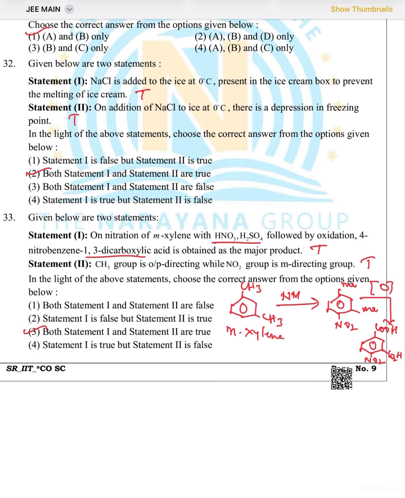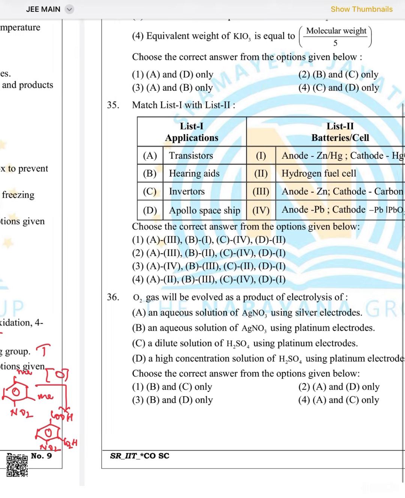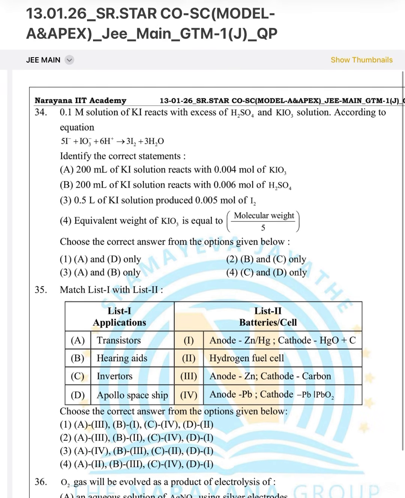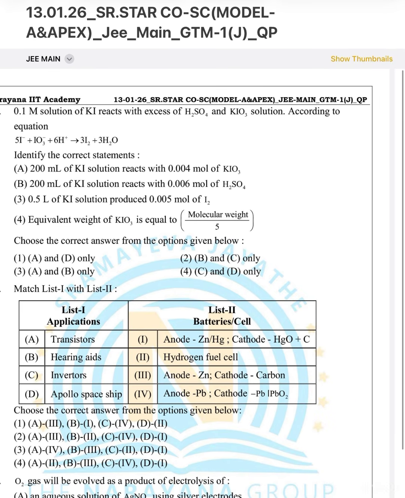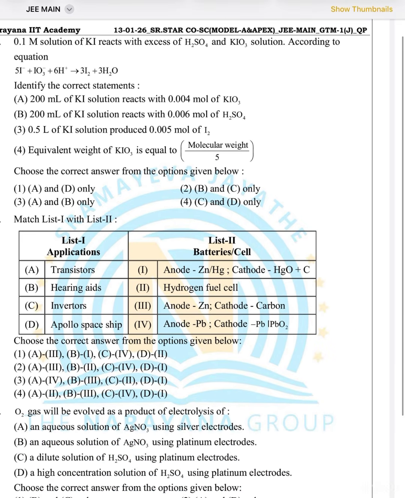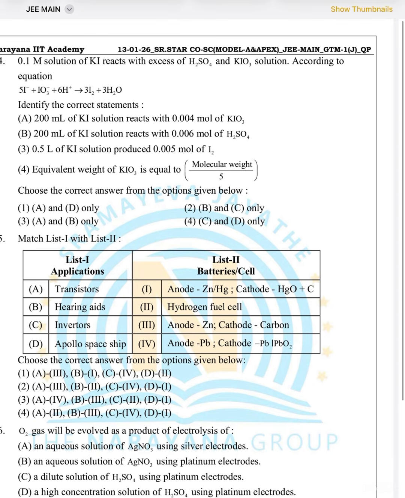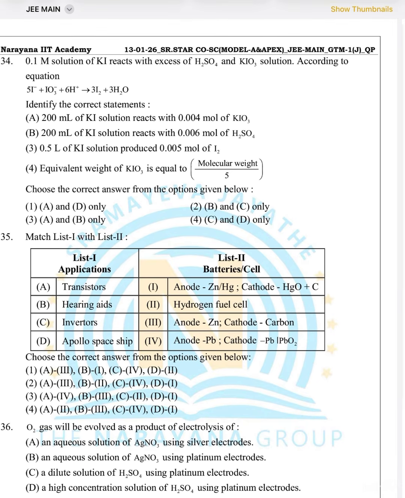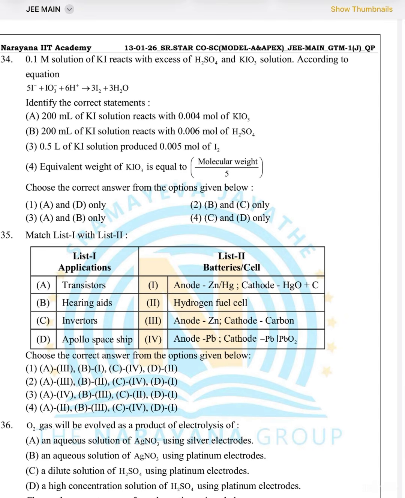Next, question number is 34. Let us see this one. 0.1 molar solution of potassium iodide reacts with excess H2SO4 and KIO3 solution. According to the equation given, 5 I minus, 1 mole of IO3 minus, 6 moles of acid gives rise to I2 plus 3H2O.